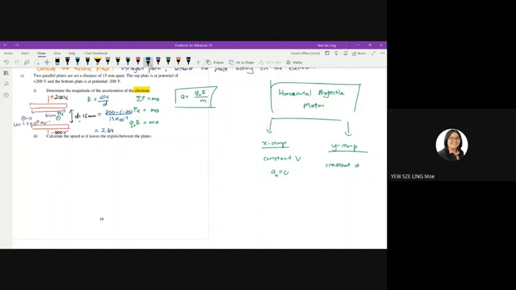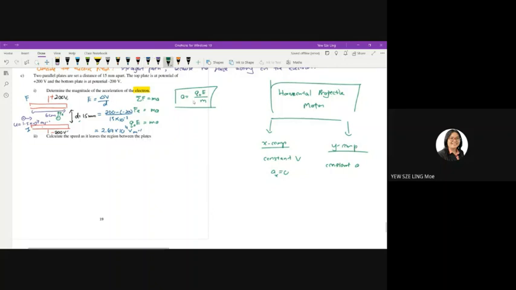It travels from here to here, so this is your final and this is your initial. 200 minus negative 200, you obtain 400. 400 divided by 15 mm, you will get 2.67 times 10 to the power 4 V m negative 1.